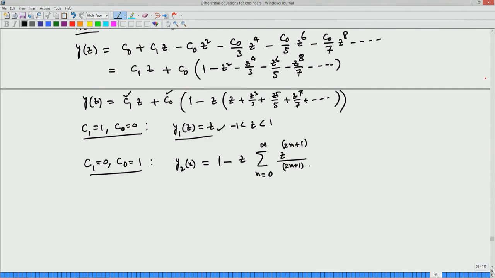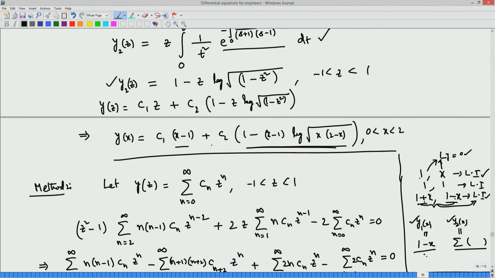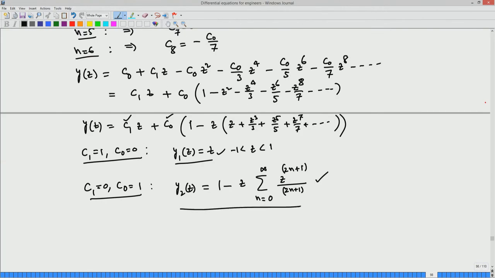But I am not claiming that this y2 is exactly the form you got here.